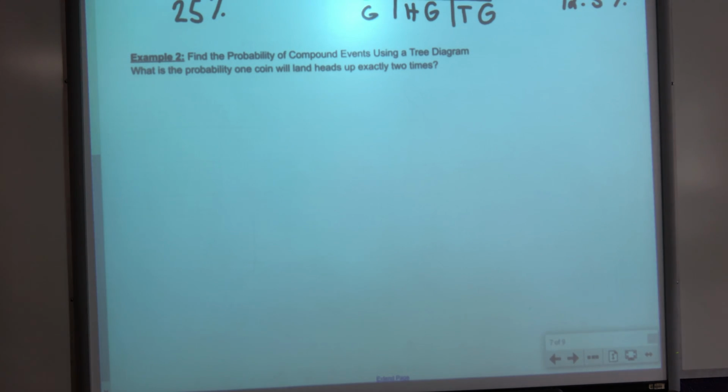This one we are going to add, I forgot a chunk of the problem. So the next one we're going to look at is finding the probability of compound events using a tree diagram.